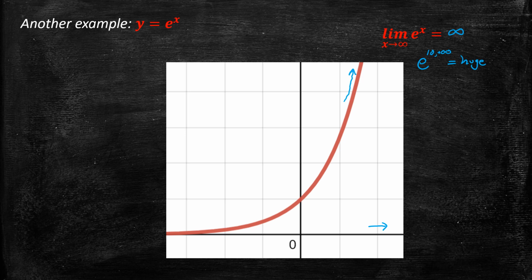In the same way, if we think about x going to negative infinity, so x heading to negative infinity, it appears that y is heading to 0. How could you think about this?